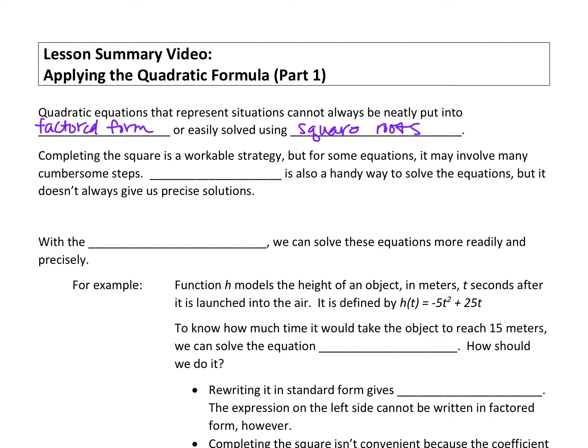Graphing is also a handy way to solve the equations, but it doesn't always give us precise solutions. Well, thank goodness we learned about the quadratic formula. We can solve these equations more readily and precisely.